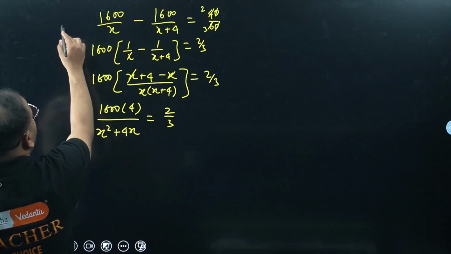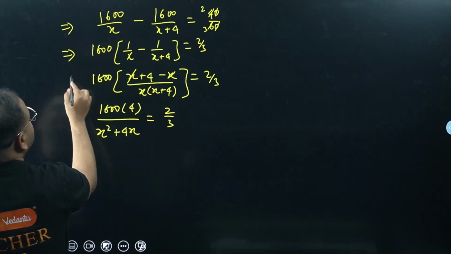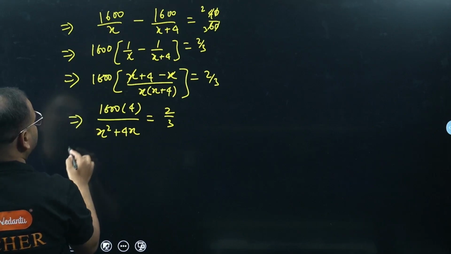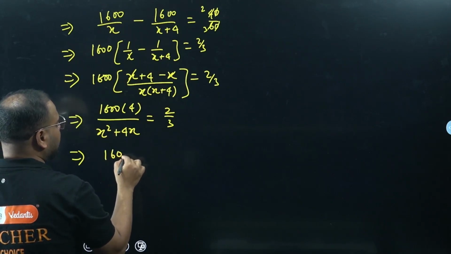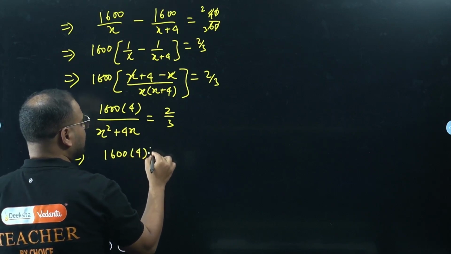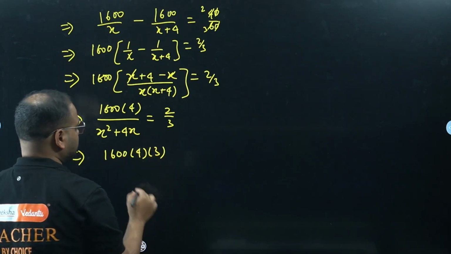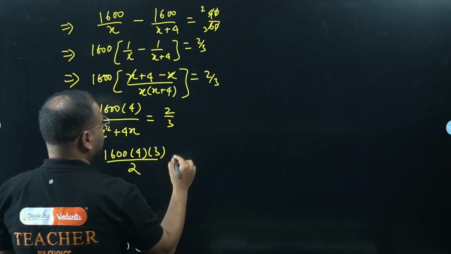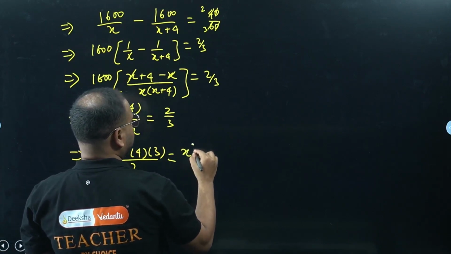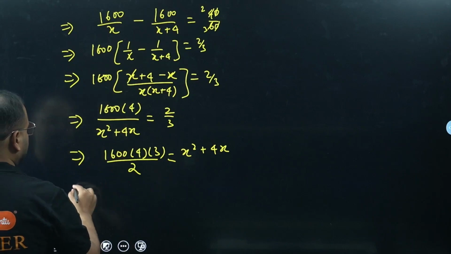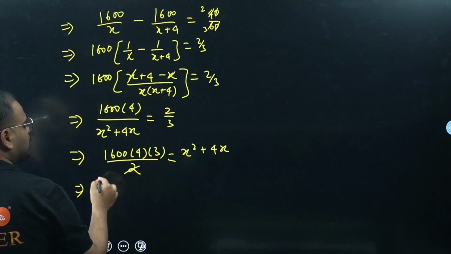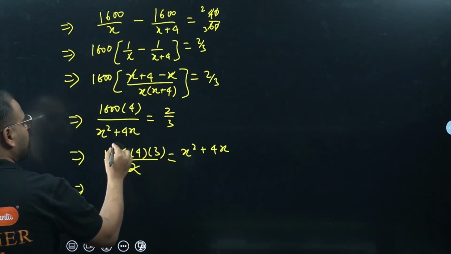My first step, second step, third step, fourth step, fifth step. So multiply 1600 into 4 into 3 by 2 equals x square plus 4x. Let's see, this will be 800.